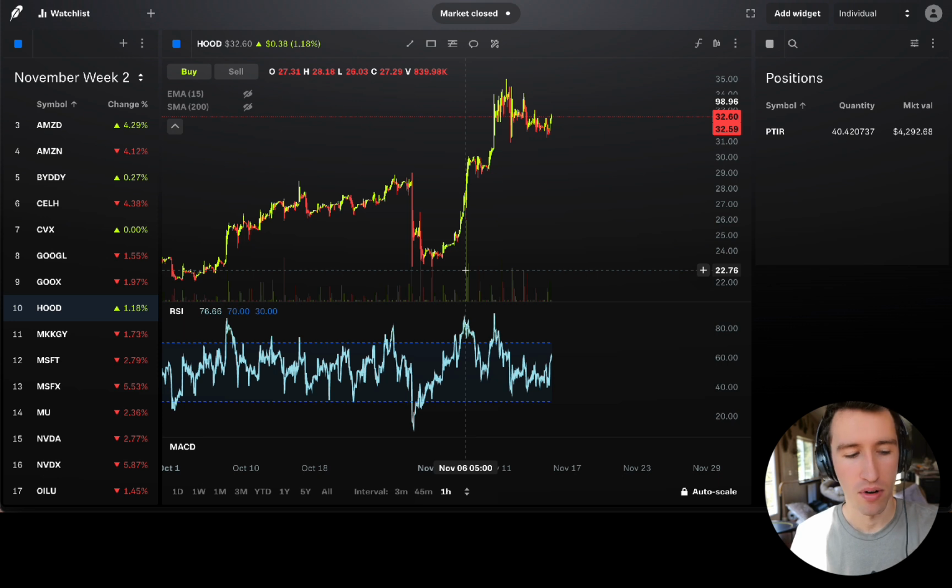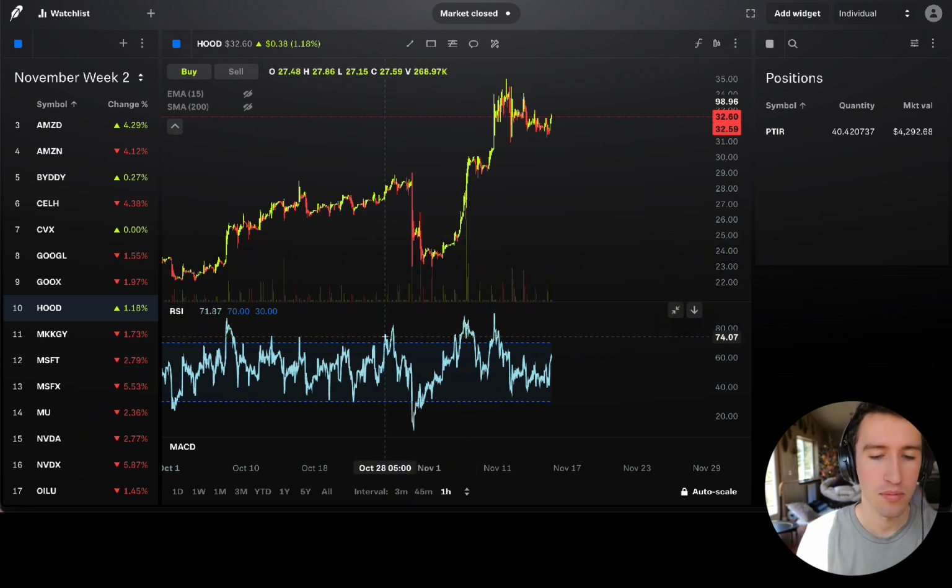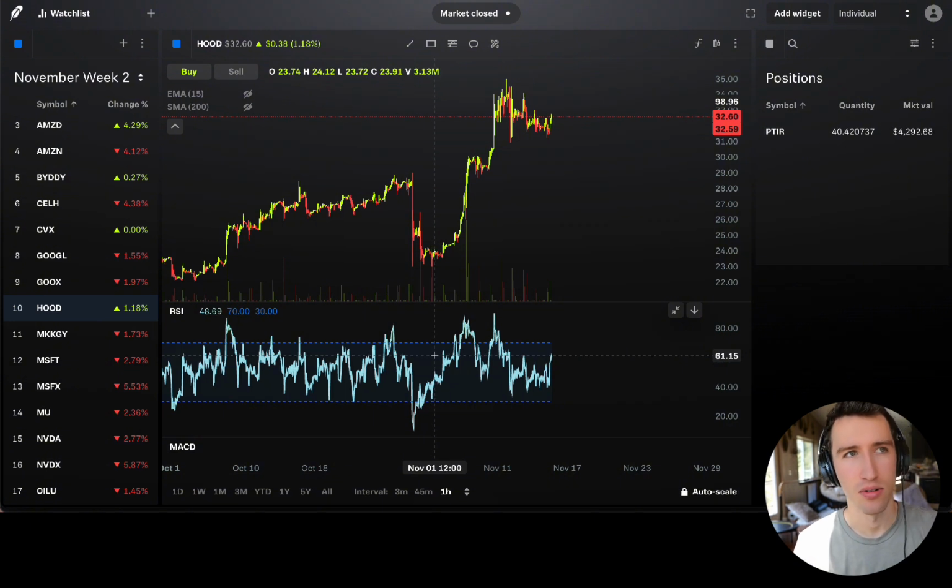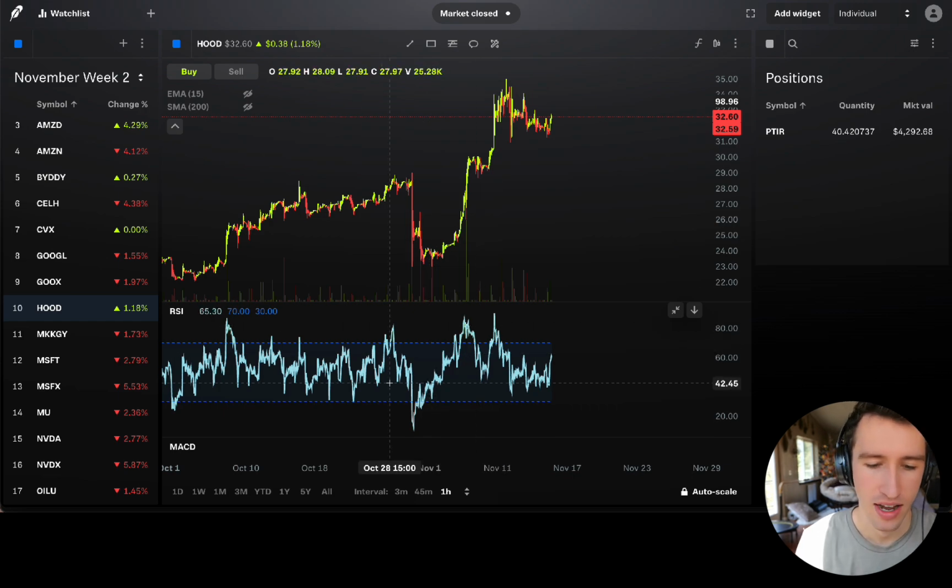The second pro is that you can identify momentum shifts. This RSI will help you spot changes in market momentum a lot of times, which can signal potential reversals or corrections, and that's why I use it.